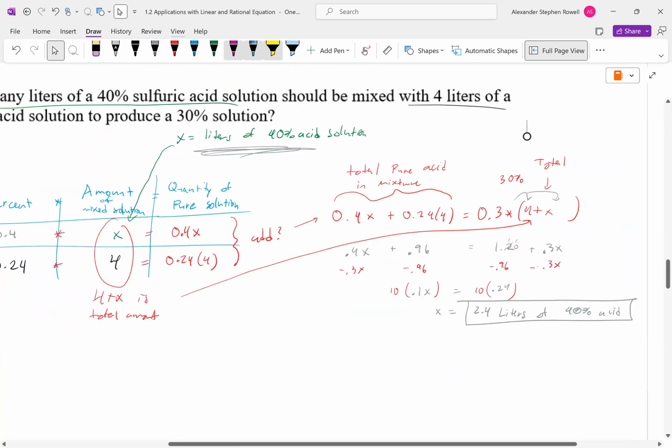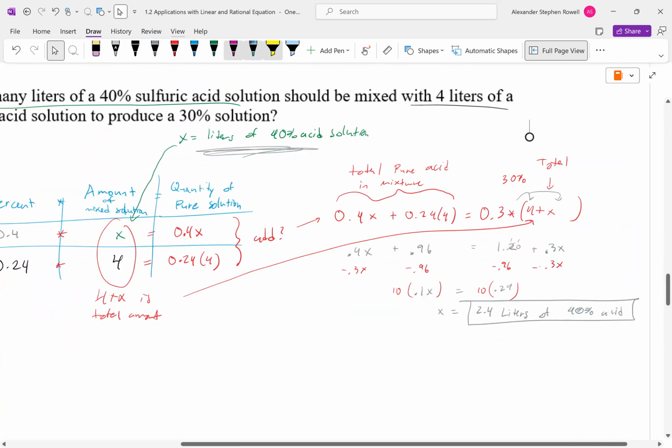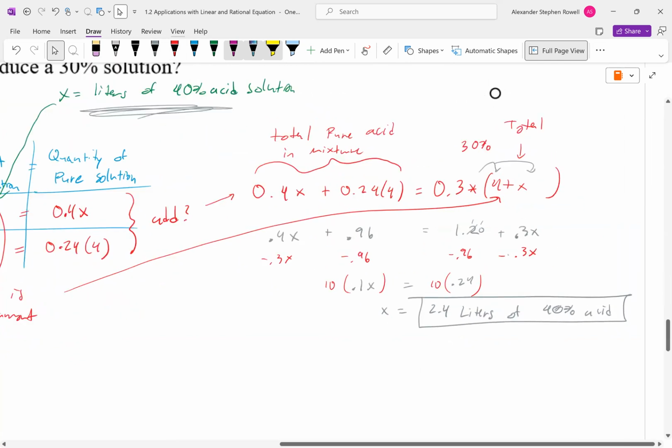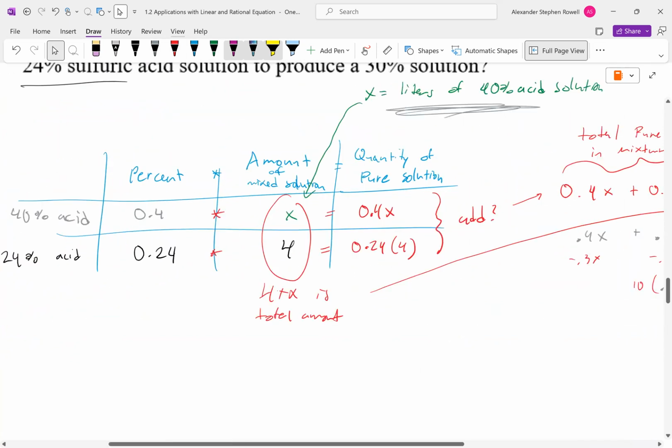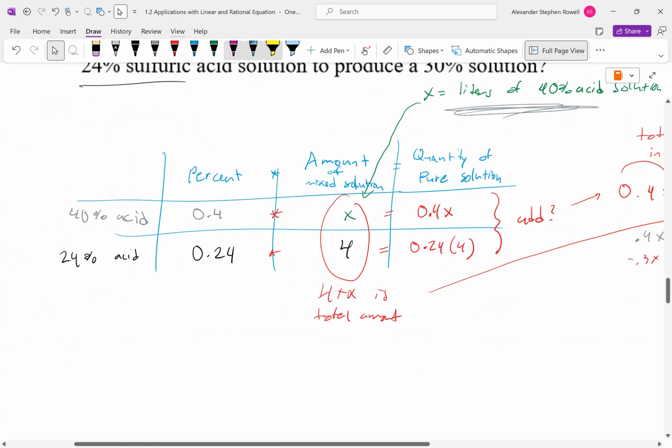Okay, any questions about this? Yeah, x is the amount of 40% solution to produce a combined 30% solution. So if it was asked, it could ask that, right?